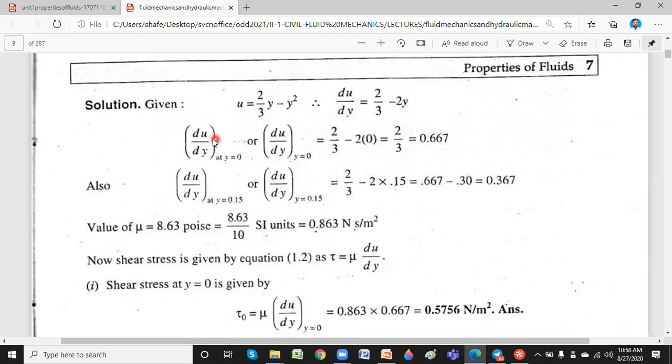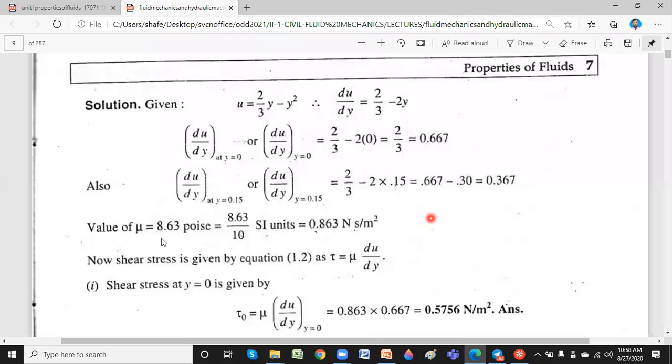When y equal to 0, du by dy is 2/3 minus 2 into 0, so the value of the velocity gradient is 0.667. When y is 0.15, the value is 2/3 minus 2 into 0.15, which is 0.367. Hope you understood. That's the du by dy.